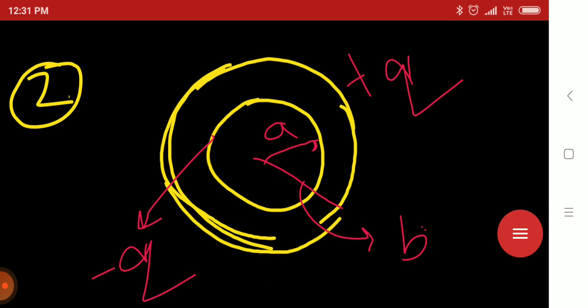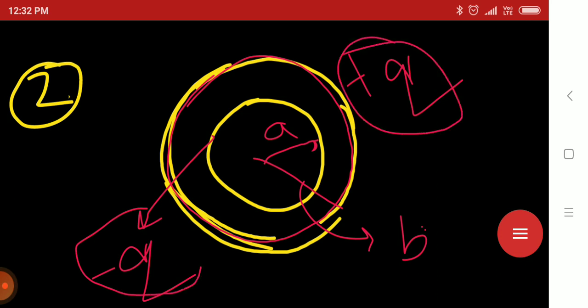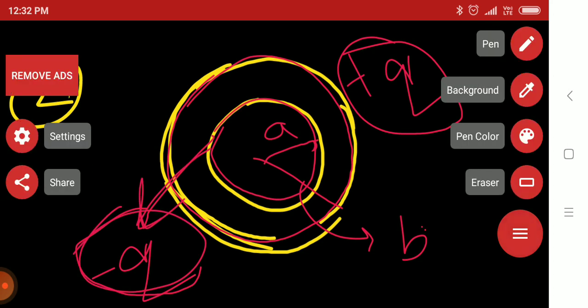The outer shell has B radius and charge plus Q, and the inner shell having A radius has charge minus Q.